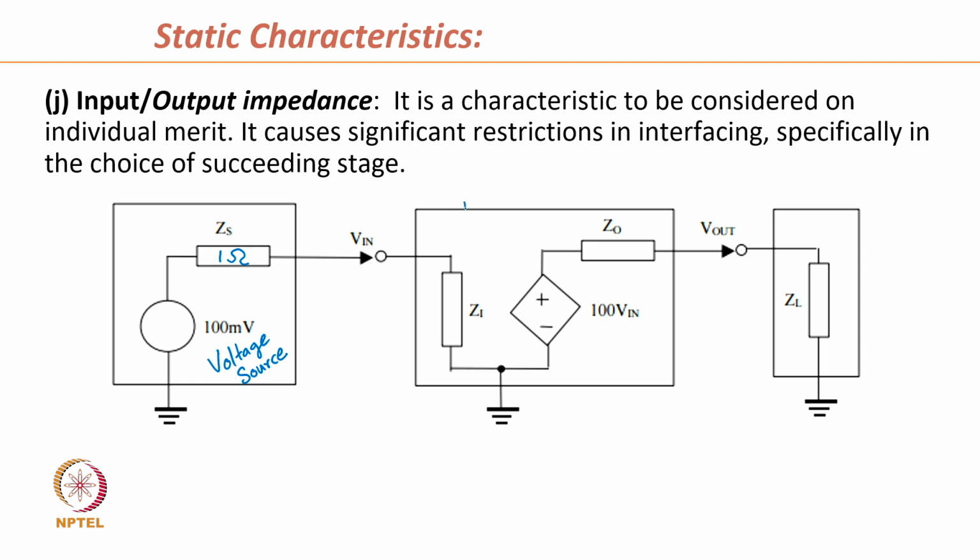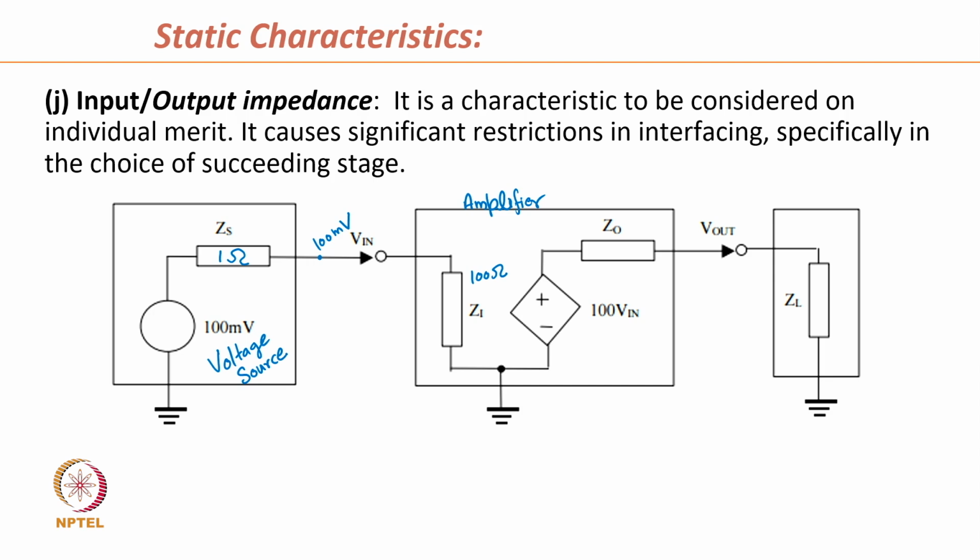This amplifier has an input impedance of, let us say, 100 ohm. In isolation, this voltage source will produce a 100 millivolt output, when it is not connected to any other block.